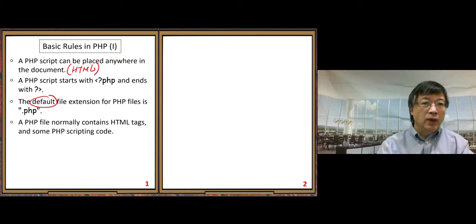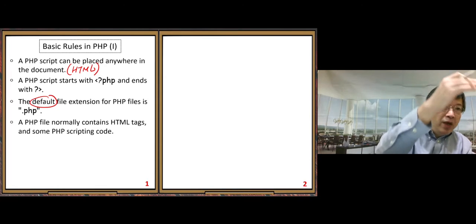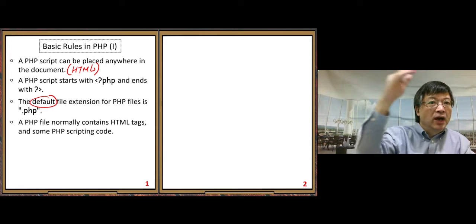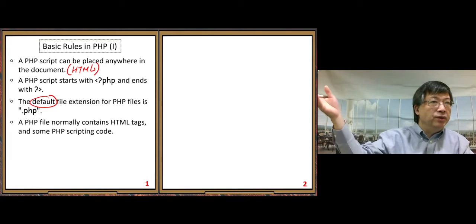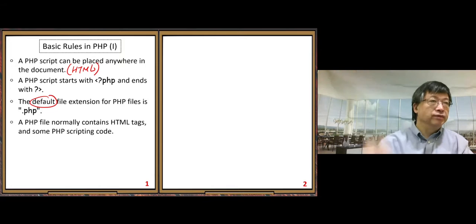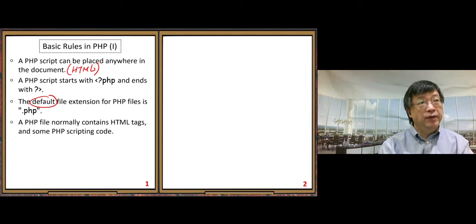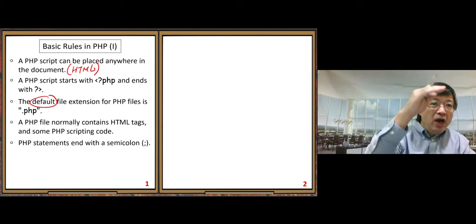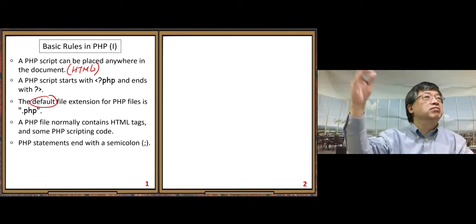All right. Next one. A PHP file normally contains HTML tags and some PHP scripting code. That's simple. We know that. Next one. PHP statements end with a semicolon.